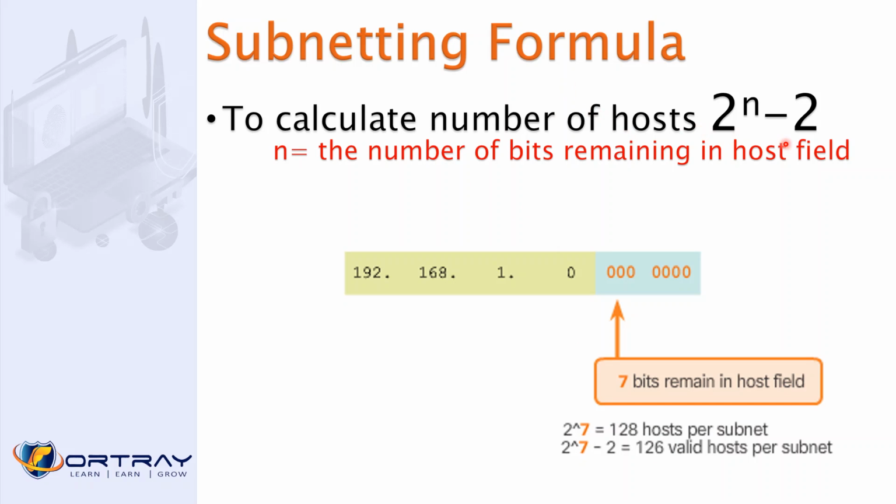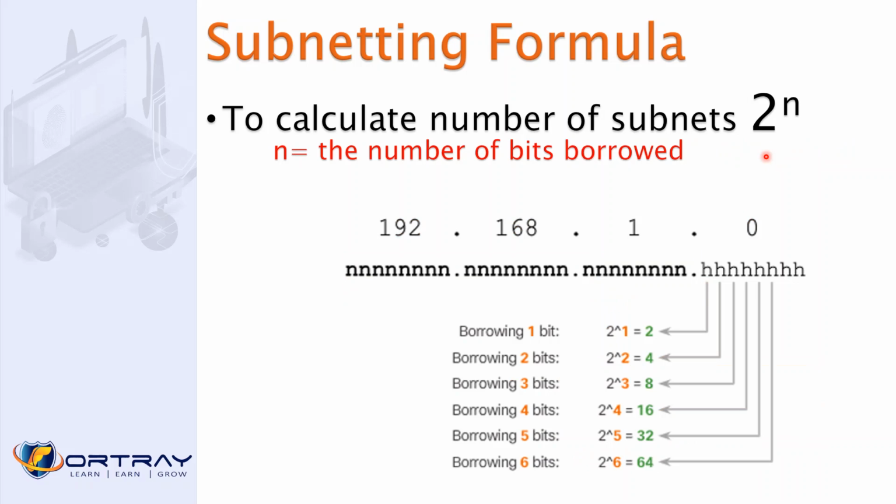To calculate the number of hosts, it depends on how many bits are left in the host portion. So for example, 2 raised to power 7 is 128 hosts per subnet or per network, and valid is minus 2. Keep in mind, whenever you borrow a bit, you need to answer these 2 questions.